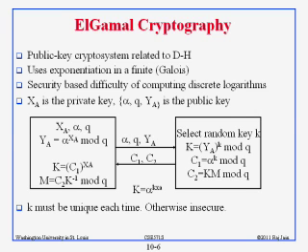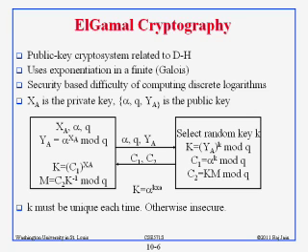Unfortunate choice of the symbols, K, but anyway, little k and capital K. You calculate these two quantities C1 and C2 and you send them to the other side. Nobody can decrypt this. These are ciphertext C1, C2, but the other side can decrypt it and get back M, which is the message.